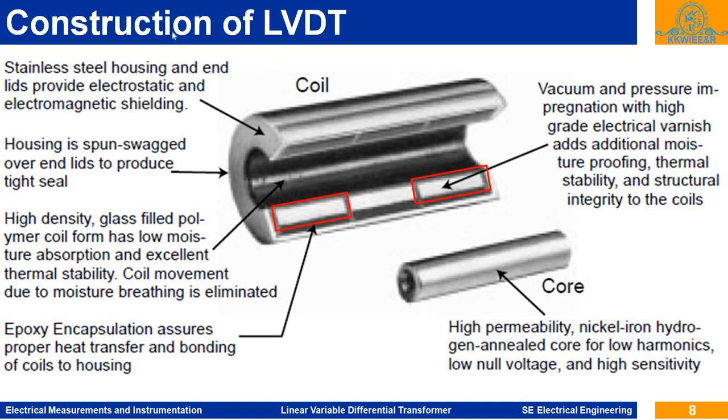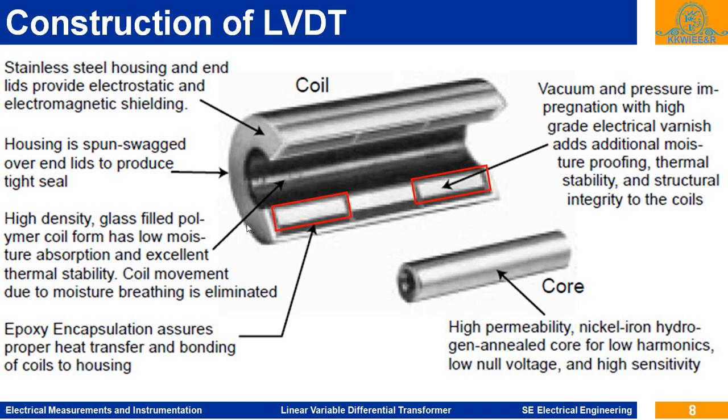So to avoid these external electromagnetic and electrostatic effects, the stainless steel tube housing and these end leads are provided as a shield. Then the housing is spun swaged over the end leads to produce a tight seal.